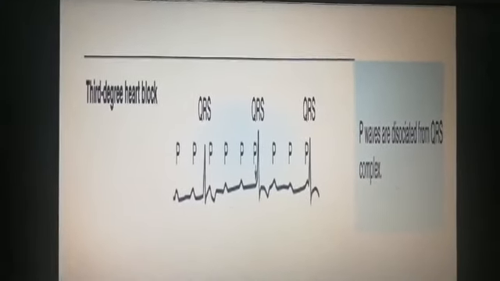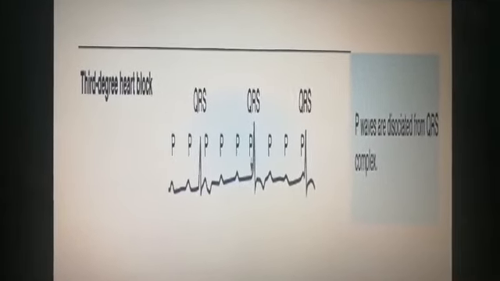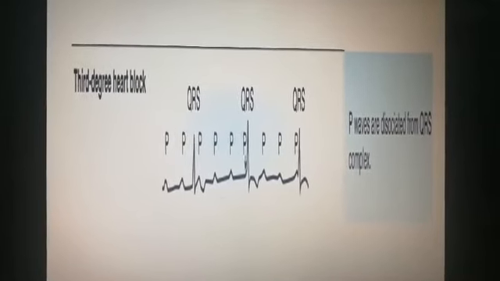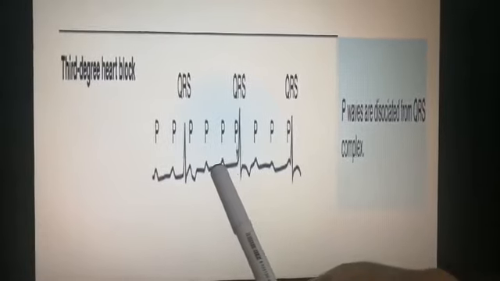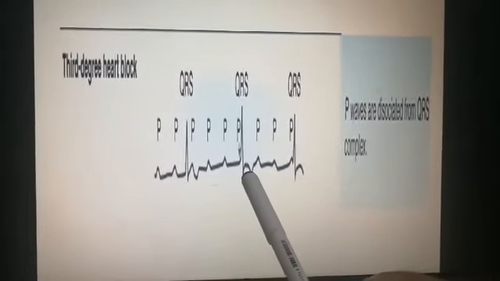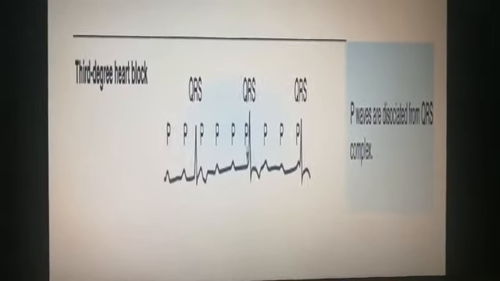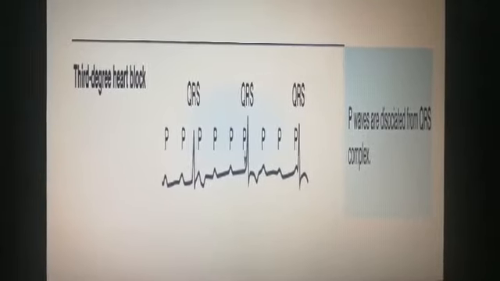You also see in the ECG that P waves are dissociated from the QRS complex. You can see here P wave, P wave, P wave, P wave, and then QRS. So there is no association or relationship between P and the QRS complex.